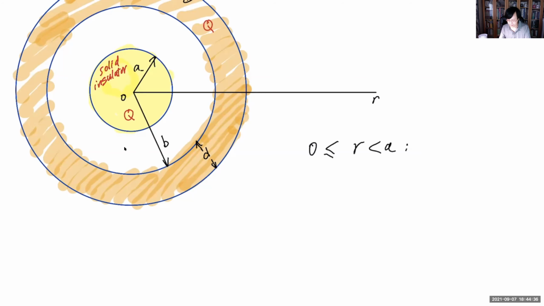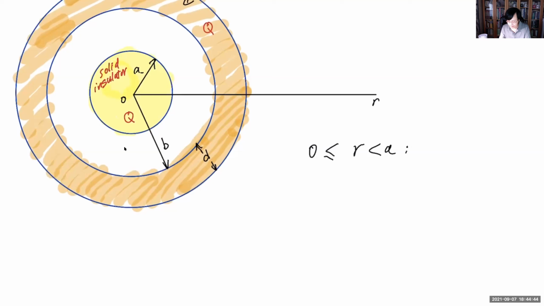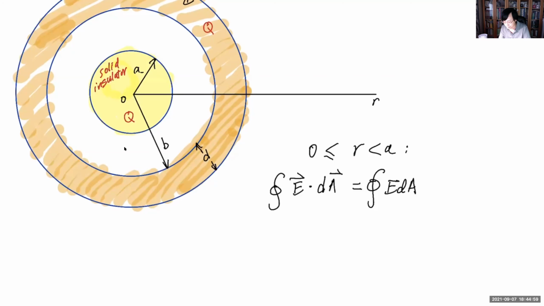I would just draw a Gaussian surface, centered at point O, right? And then I have this E dot dA on that surface, and the first step is just E dA, because I know the electric field and dA are both radially outward, so as two vectors they have the same direction, so E dot dA is just E dA.